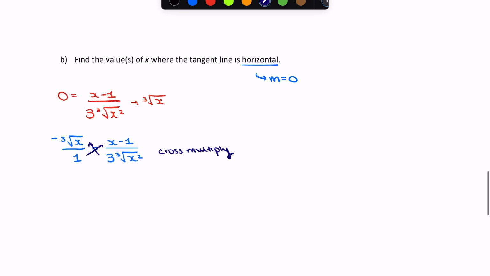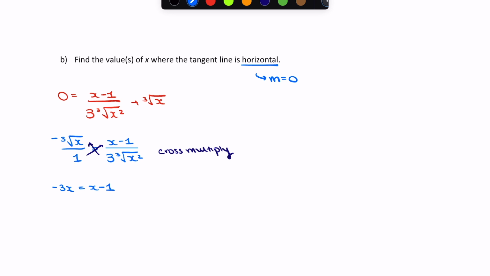When we cross multiply, this will simplify to -3x is equal to x minus 1. So -3x equals x minus 1.